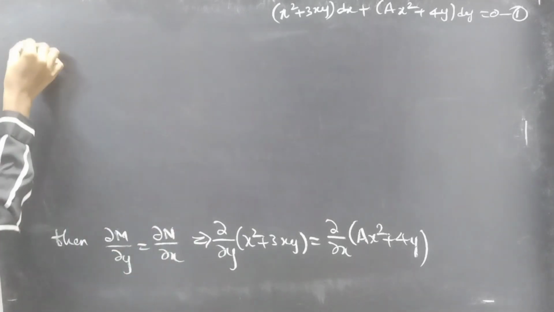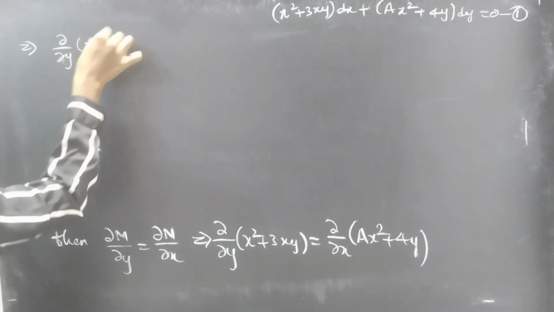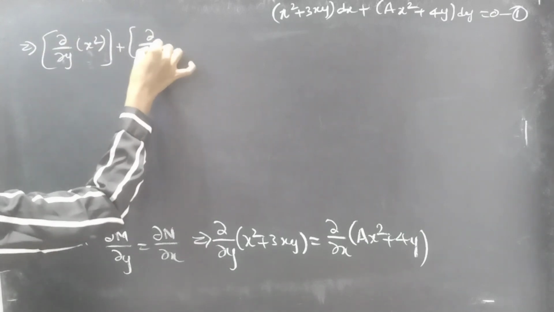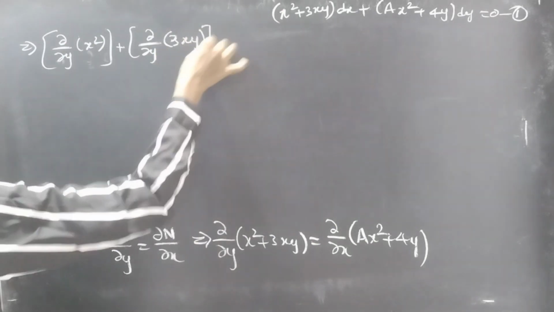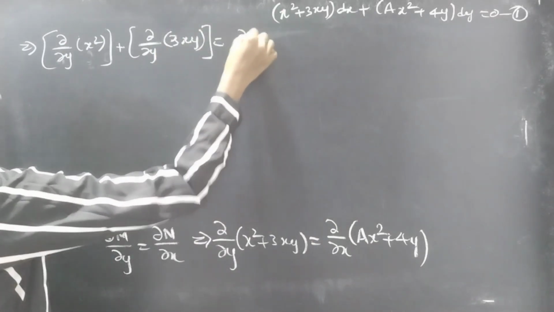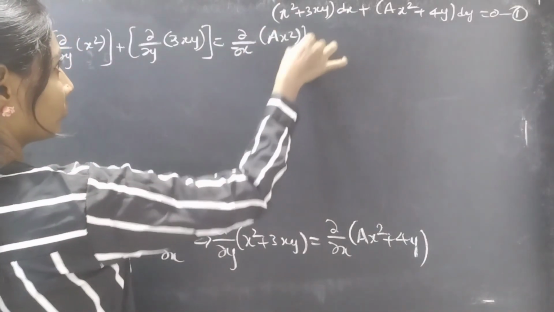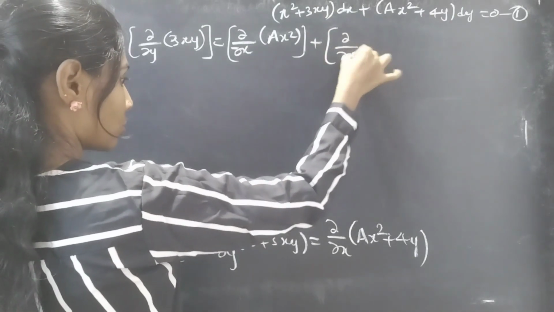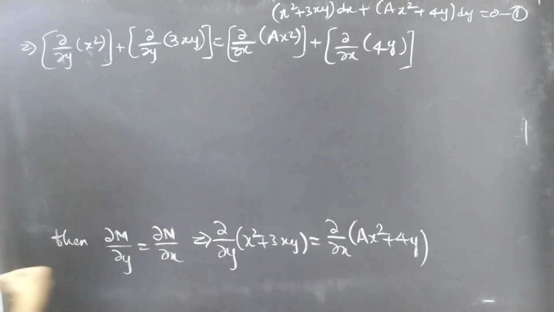This becomes dou by dou y of first term plus dou by dou y of second term equal to dou by dou x of first term plus dou by dou x of second term.